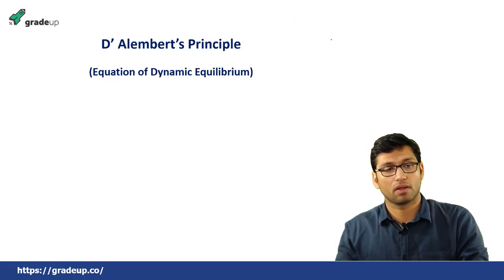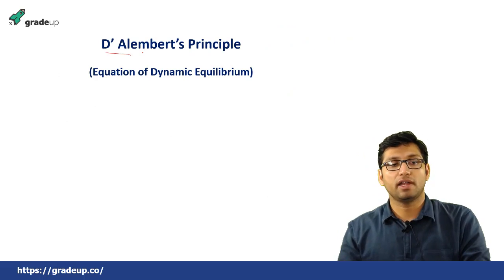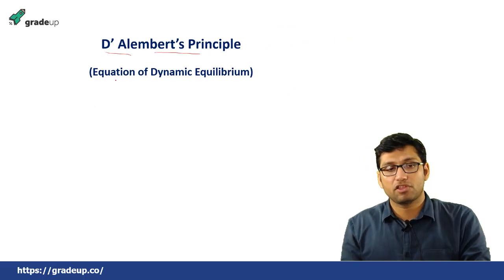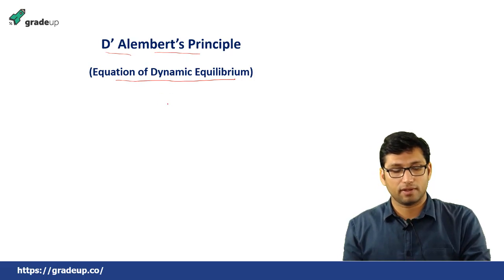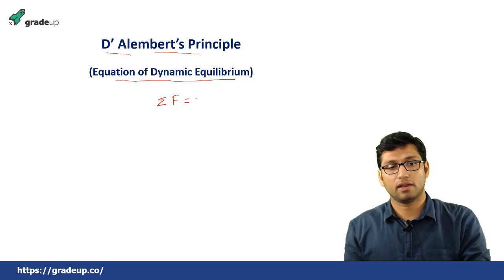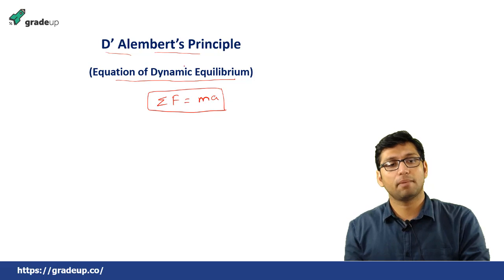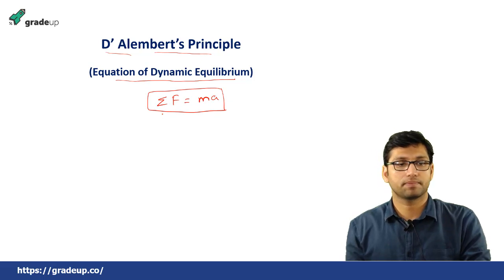Now there is a principle called D'Alembert's principle, which gives the equation of dynamic equilibrium. Since we have studied that the summation of the forces acting on a particle is equal to the product of mass and acceleration, what does D'Alembert's principle tell us?